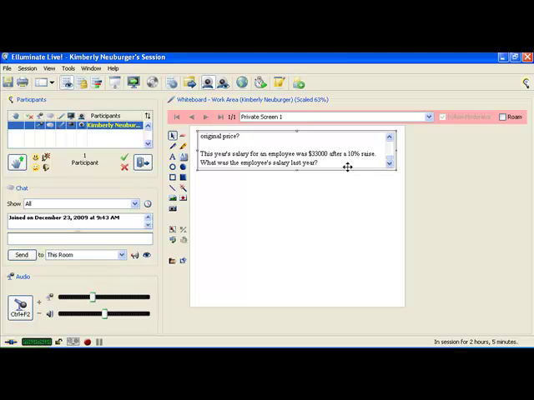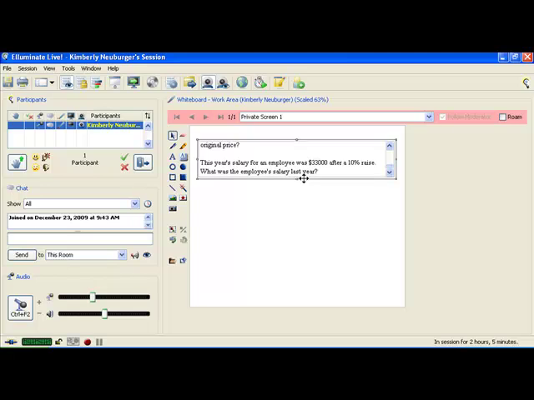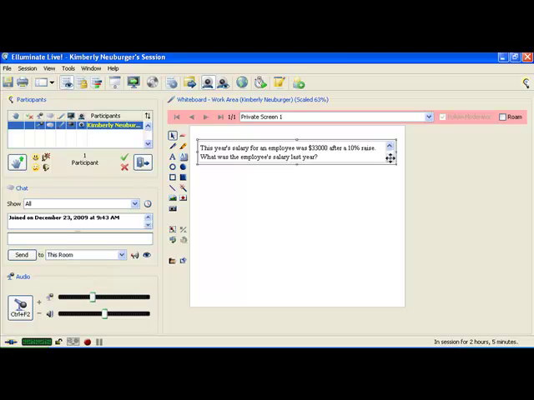So we're going to take a look at this particular situation where we're going to say that you have gotten a raise, and the raise made it so that your new income was $33,000 a year, and that was after you got this wonderful 10% raise over last year's salary. And we want to know what was the last year's salary. Well, we need to think about how they should have obtained this $33,000. And we don't know last year's salary, let's say.